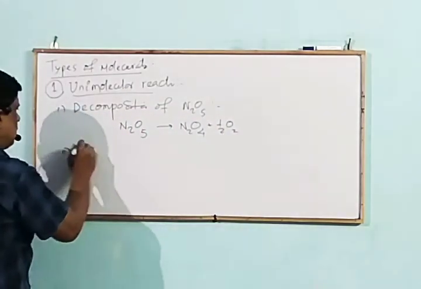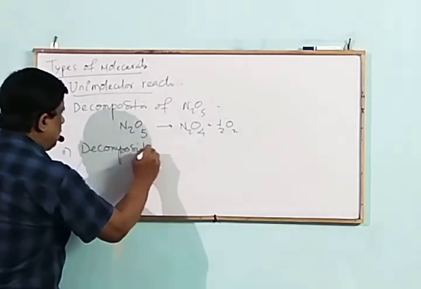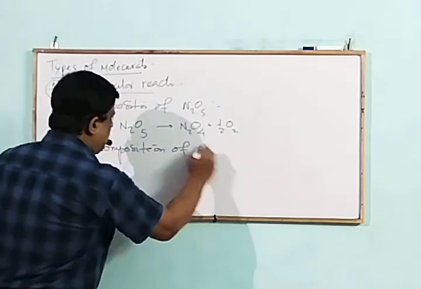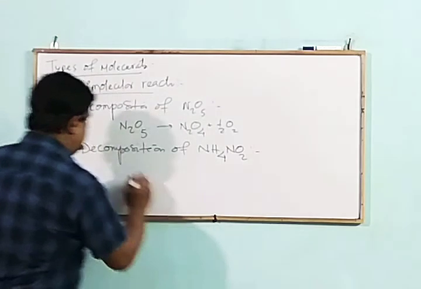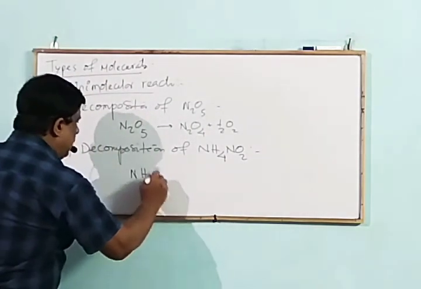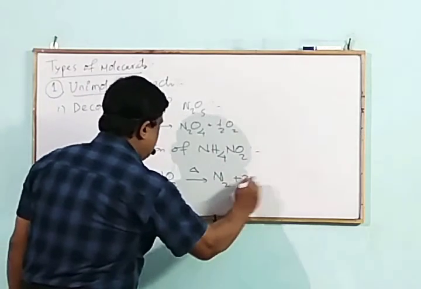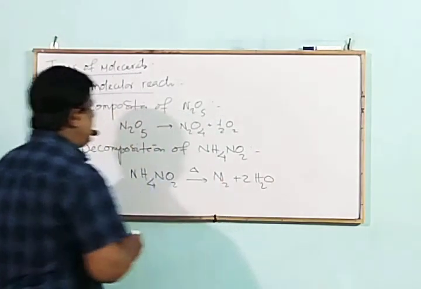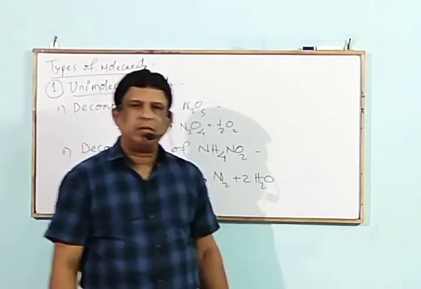Second one is decomposition of ammonium nitrite, NH4NO2. Equation: NH4NO2 gives N2 plus 2H2O. These are a few examples of unimolecular reaction.